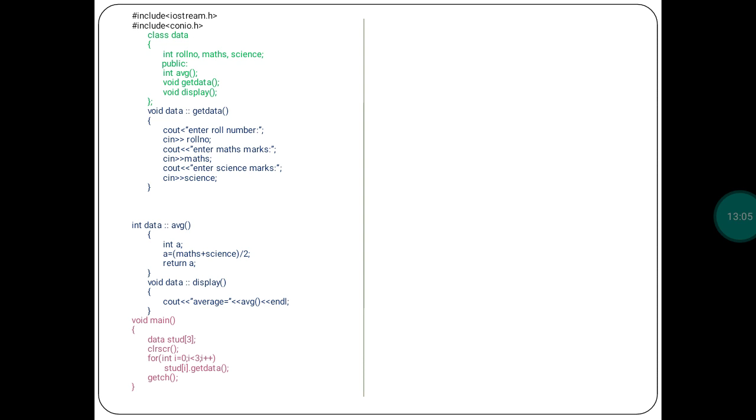Two more lines are missing here: stud dot average and stud dot display. This is a small mistake, I will rectify it and give the correct one in the notes. Just see: stud of i get data, stud of i average, stud of i display.